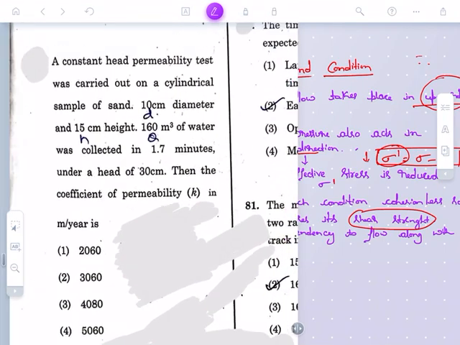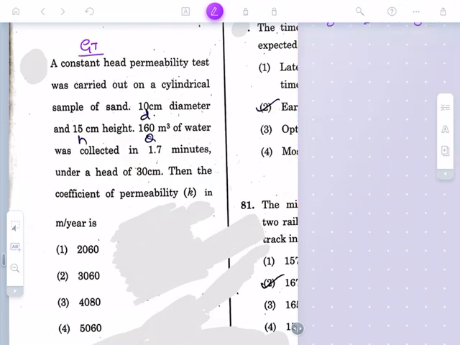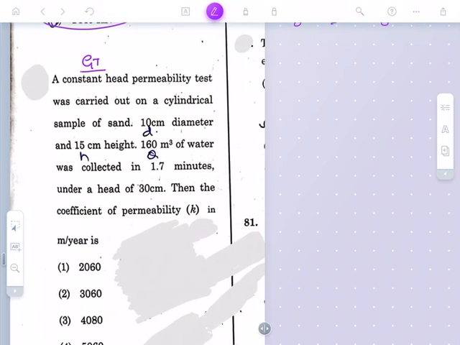Fine. Next question. It is also a question from geotechnical engineering, very important and very analytical based question. I will explain it in a very detailed manner.